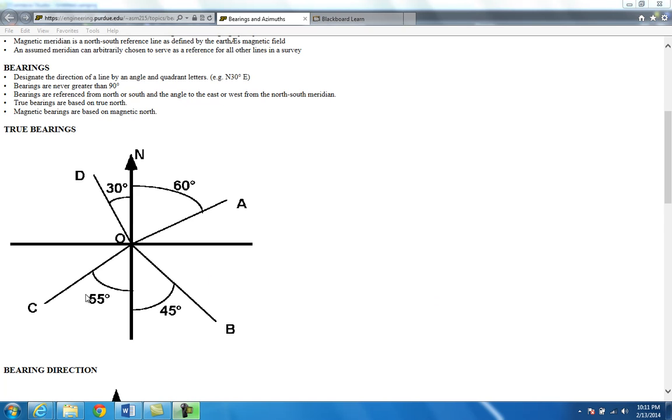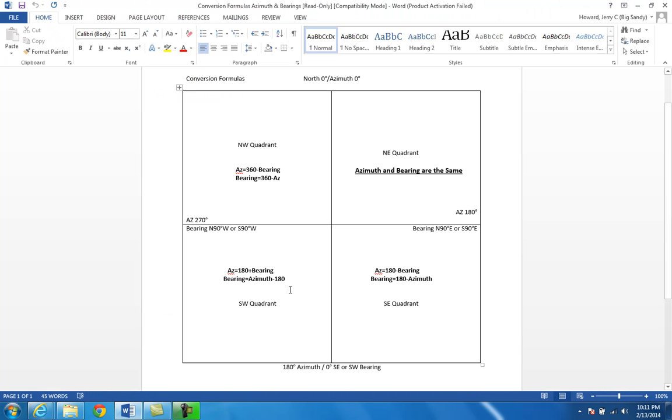Now in this quadrant, you're looking at the southwest, and this bearing would be south 55 degrees west. If we want to convert that to an azimuth, all I have to do is use my chart. See, 180 degrees plus the bearing.